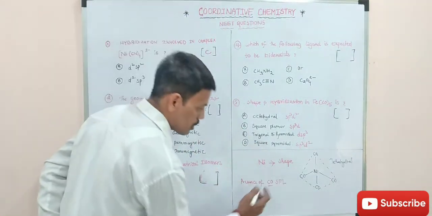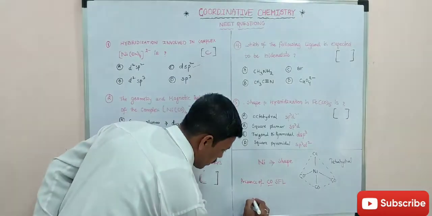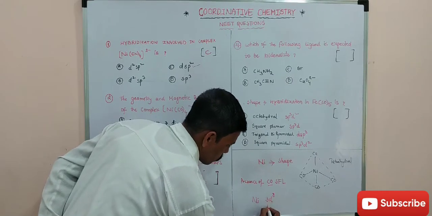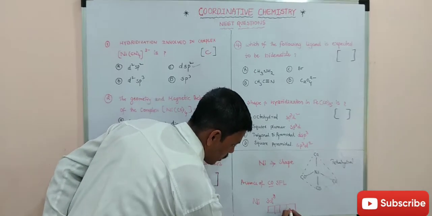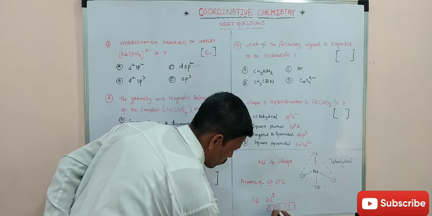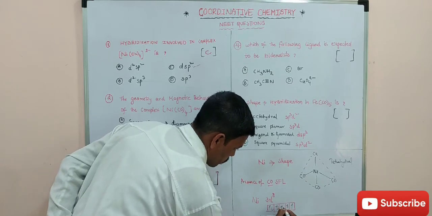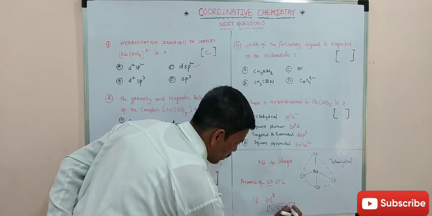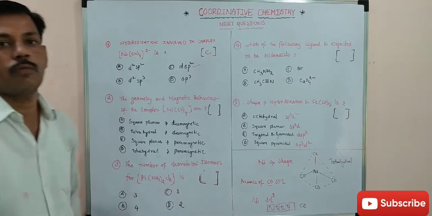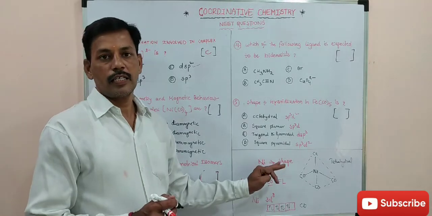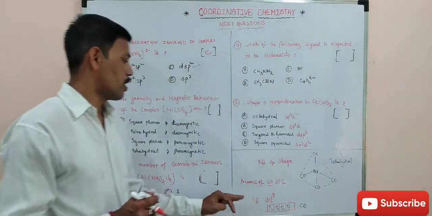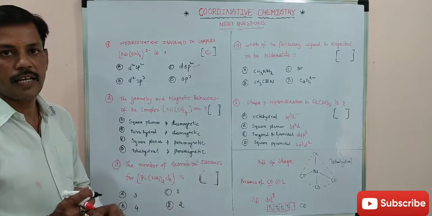So in nickel, the 3d8 we discussed earlier gets paired in the presence of carbonyl. That's why in tetracarbonylnickel the shape is tetrahedral.